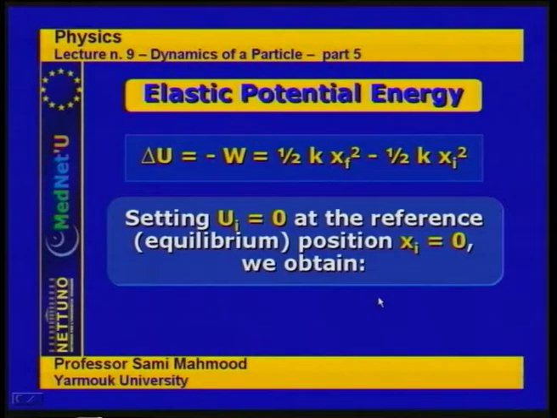spring, we consider that the reference position is the equilibrium situation of the system, where the spring is not stretched and it's not compressed either. It's in the relaxed position. That position we call x sub i, and we assume that the system starts from this initial position.